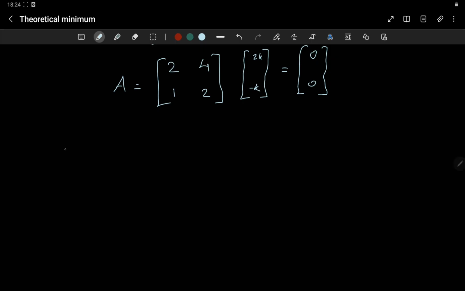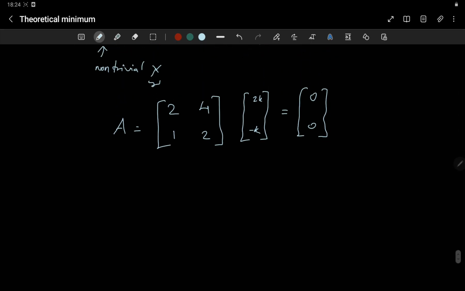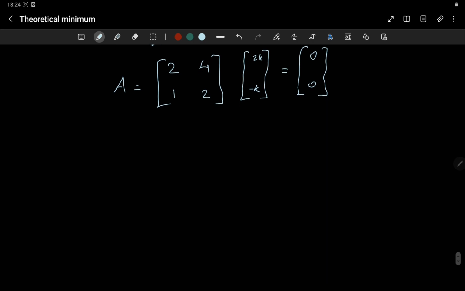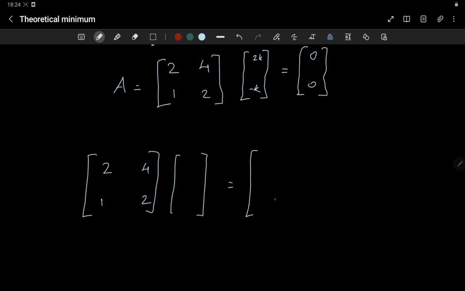Say for example you have a solution. For 2 1, you will get a solution which is 1 0.